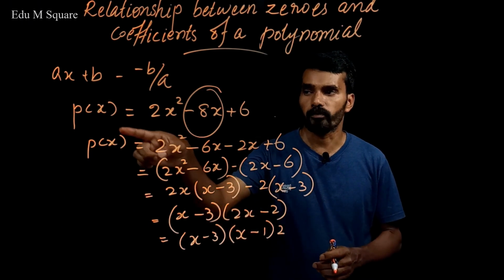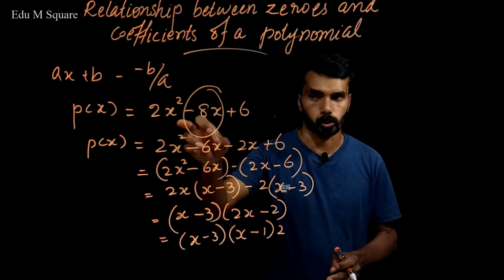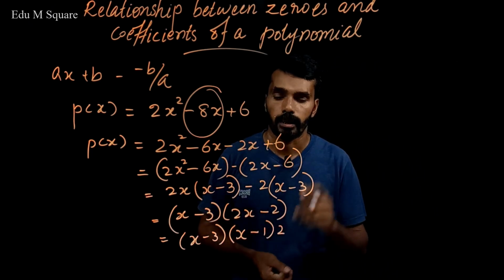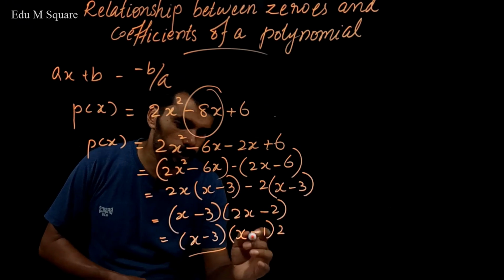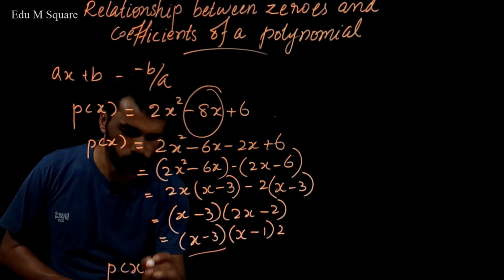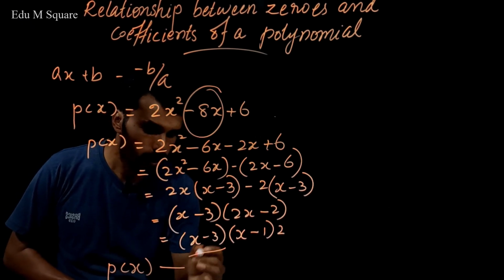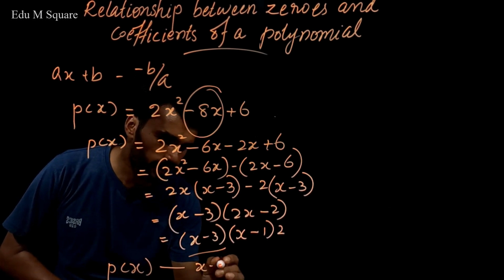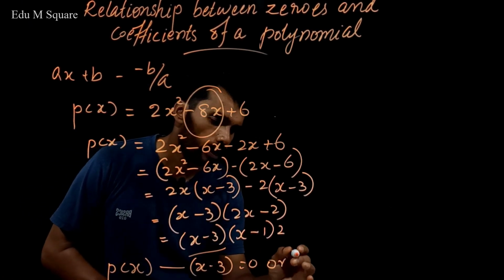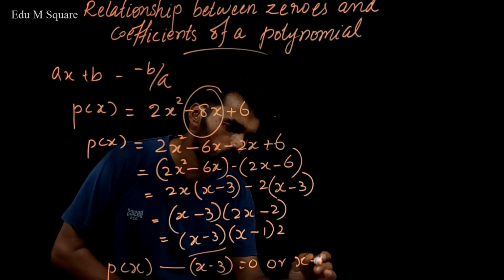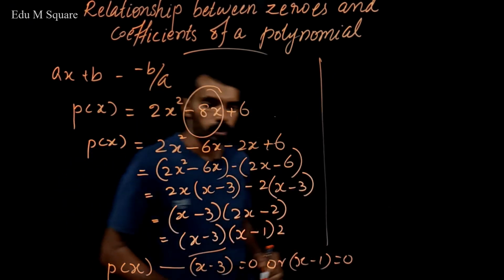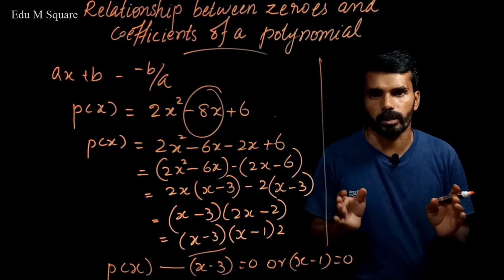So the value of p of x, equal to 2x square minus 8x plus 6, is 0 when either x minus 3 is equal to 0 or x minus 1 is equal to 0. Here 2 is never 0.